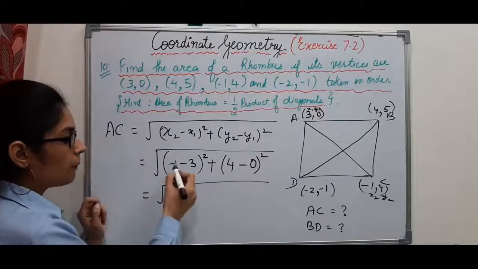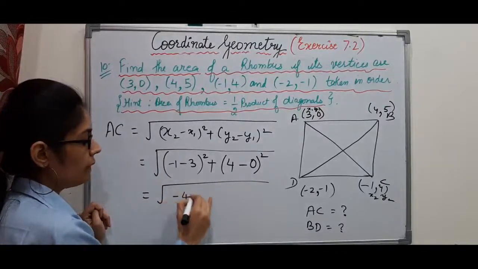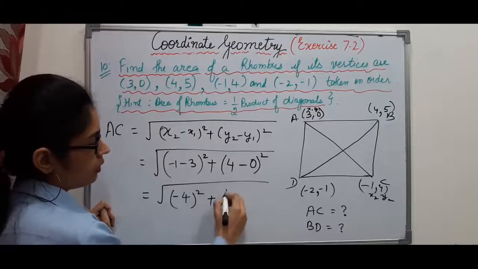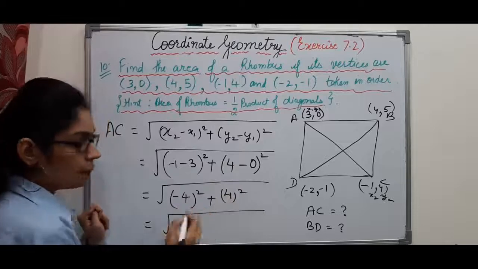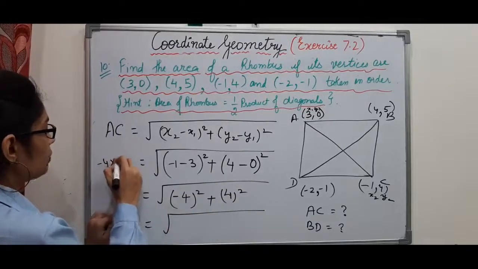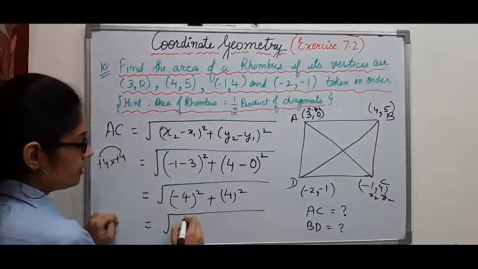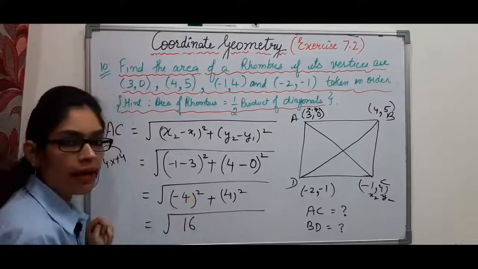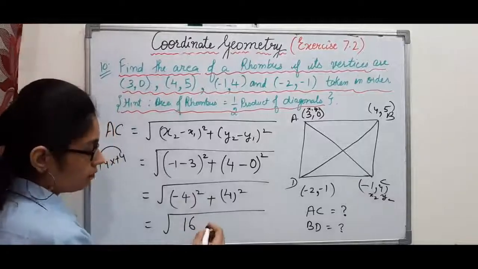So if we do this, minus and minus is plus, so 3 plus 1 is 4 with the minus sign, whole square, plus 4 minus 0 is 4 whole square. So minus 4 whole square, I have already explained, it is minus 4 into minus 4, minus and minus sign will get cancelled, 4 into 4 is 16, and also if you are finding a square of a negative number, you will always get a positive number as your answer.